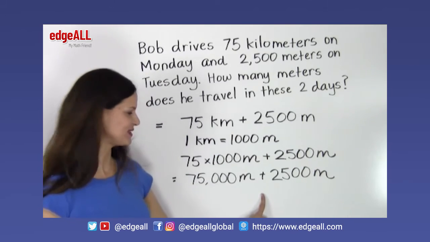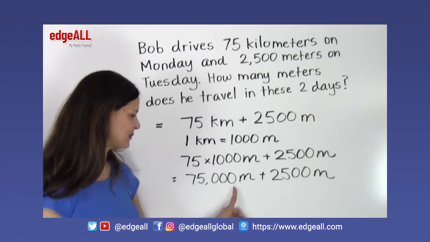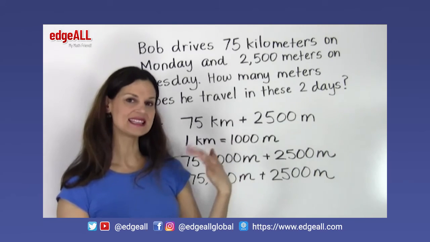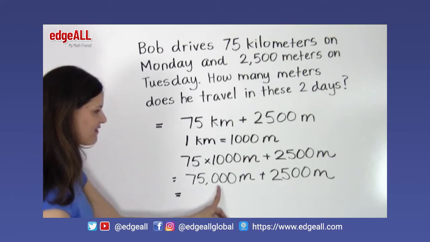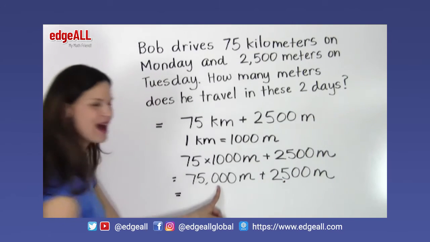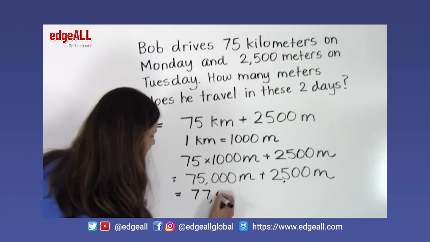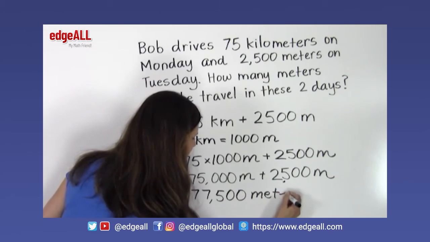And now that I have my two numbers in the same units, meters, I can simply add them together. So I just need to add 75,000 plus 2,500 to get 77,500 meters.